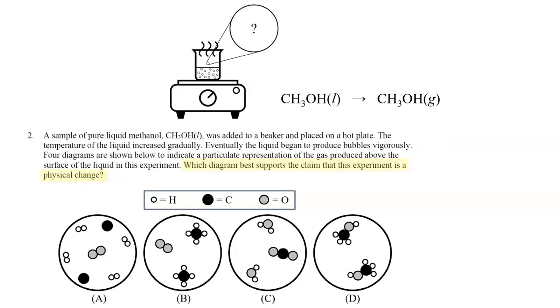And looking at these four particle diagrams, the only particle diagram that shows the molecules CH3OH in the gas phase above the surface of the liquid would be choice D. You can see molecules of CH3OH, but in choices A, B, and C, those are different substances that have different chemical composition. So we're looking for a physical change, no change in the composition of methanol. That's why the correct answer for question 2 is choice D.